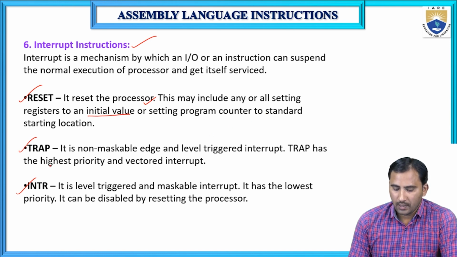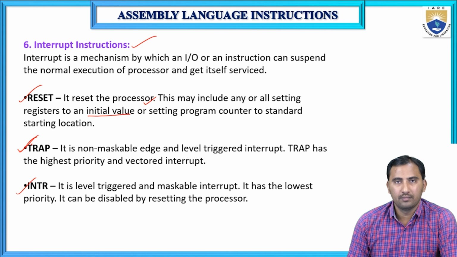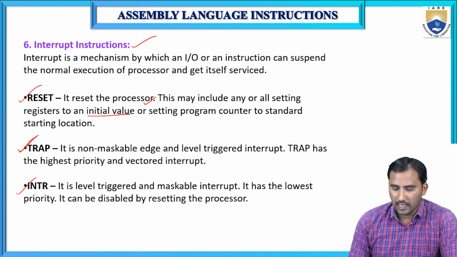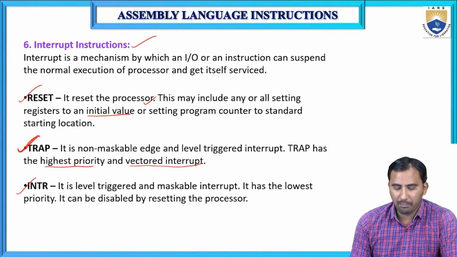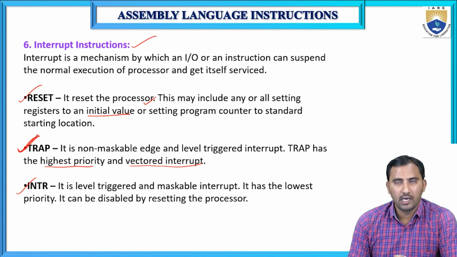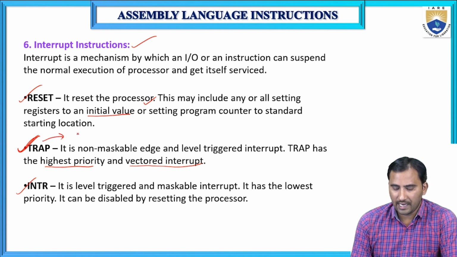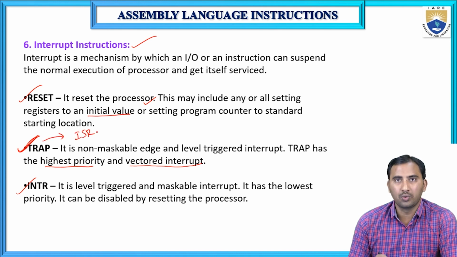Okay. And the next one is trap. Trap has the highest priority, and it uses a vector address. That means this trap is an interrupt. In order to execute this trap, its corresponding ISR program has to be executed.